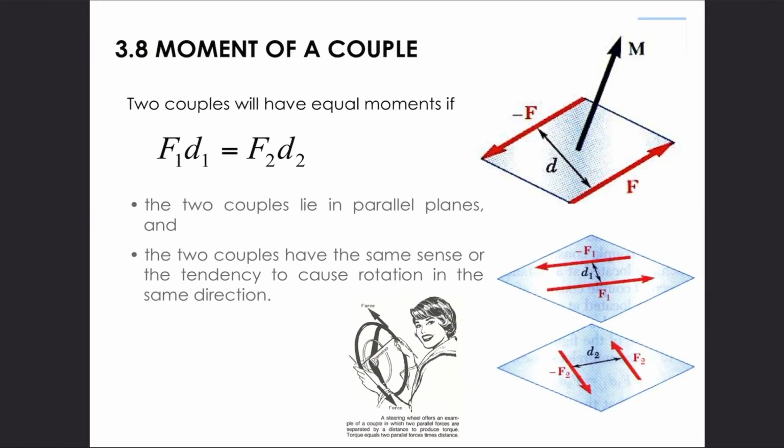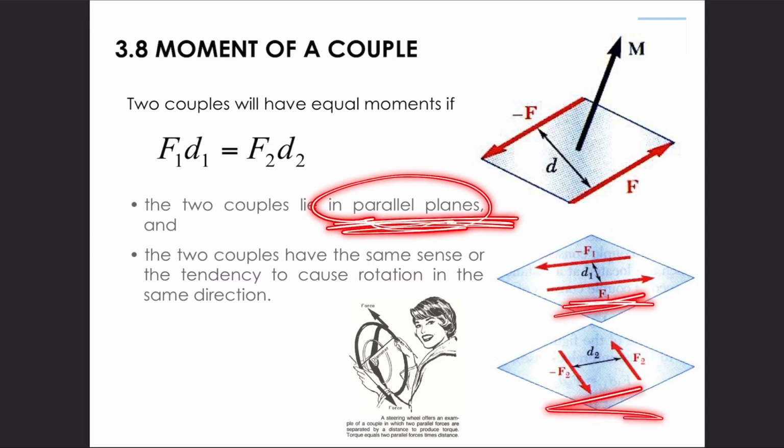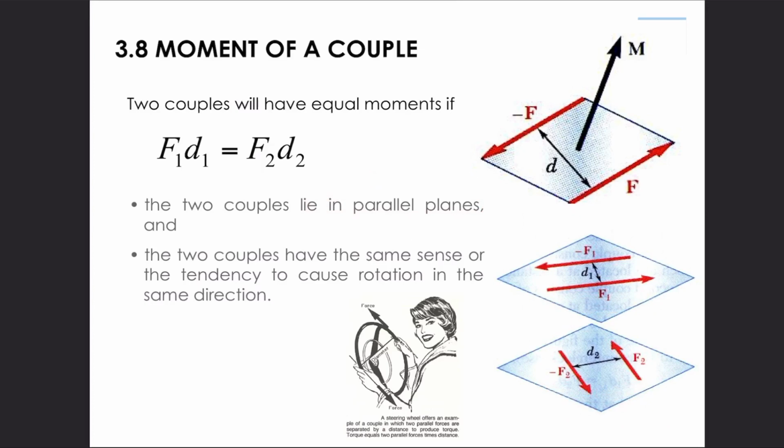Two couples will have equal moments if, kanina siya, kaning duha, may be equal if the two couples lie in parallel planes. Parallel planes. So, na siya, say for example, in XY plane or XZ plane, same plane, kung aha sila nag-lie, or parallel ilang planes, then the two couples have the same sense or the tendency to cause rotation in the same direction.